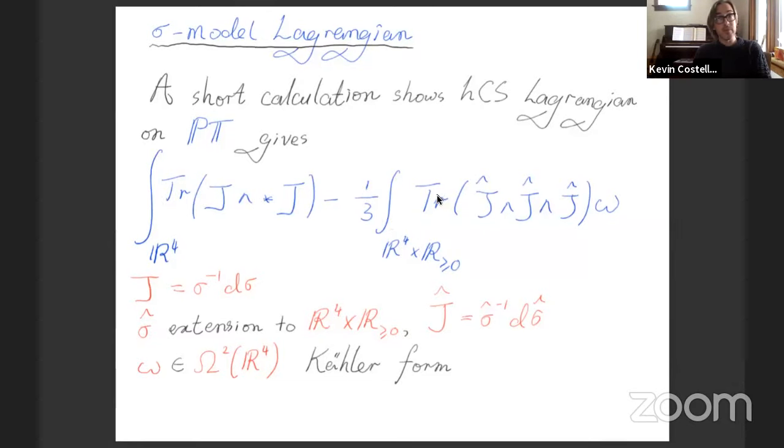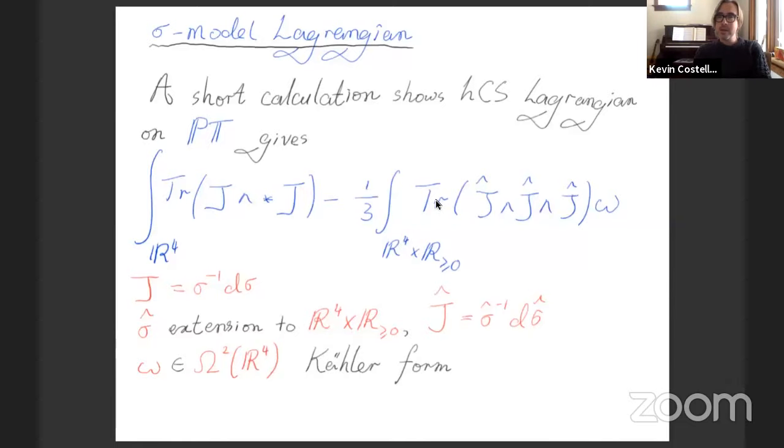And the relative coefficients are the same as the ones you find in the WZW model. I won't give you the details of this calculation. It's really not hard. And as I mentioned, in the case of an abelian group, which is the case studied by Penrose, we just have this term giving you a massless scalar field.